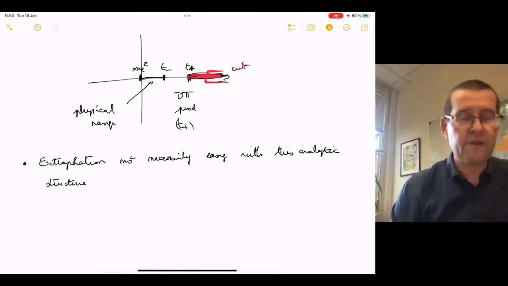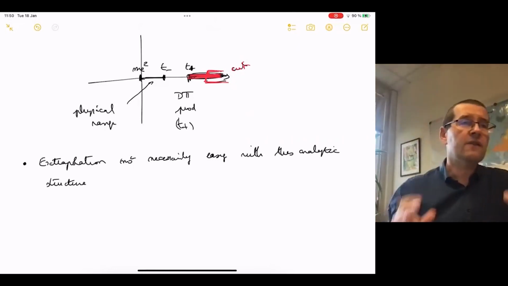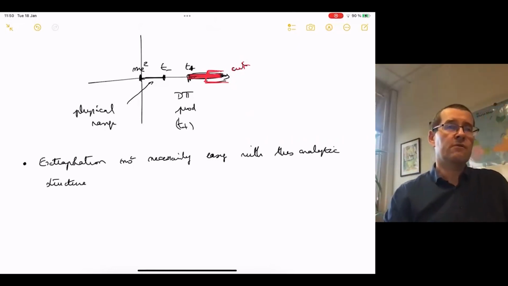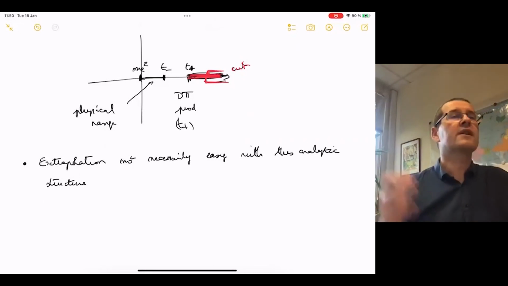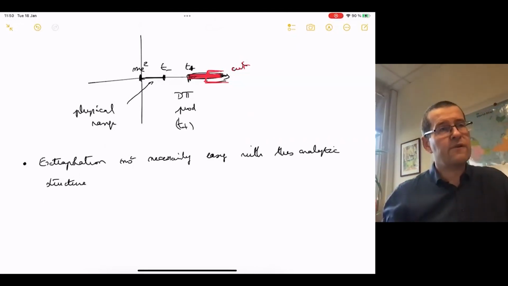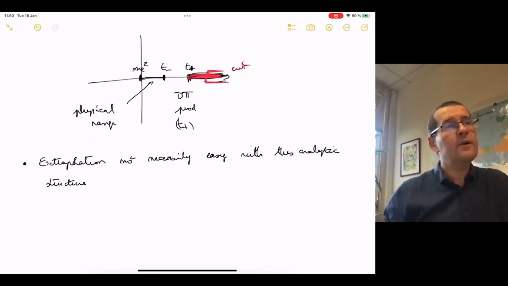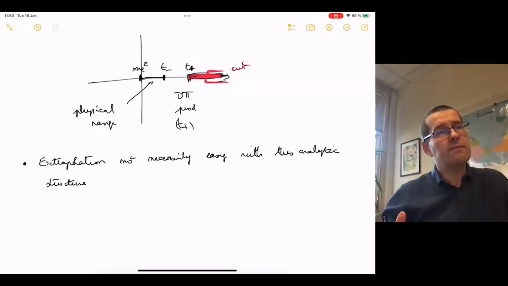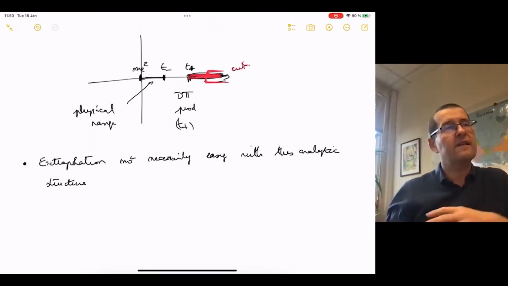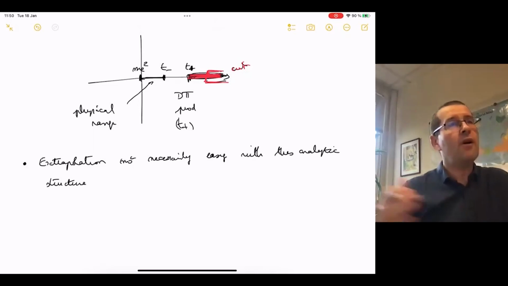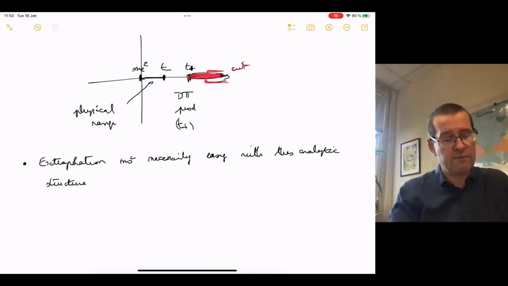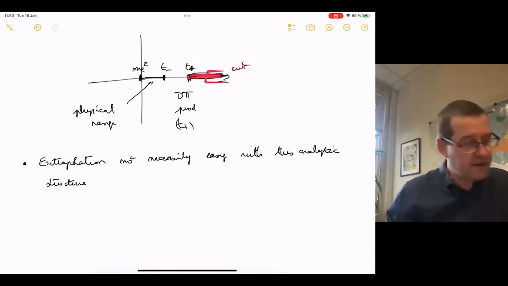For instance, imagine that you have some information in the physical range, and then you want to extend that. You know that the radius of convergence of the series you're using for your extrapolation will be limited because you've got the cut at t plus you're going to hit. So you cannot imagine, for instance, extending this representation above the cut, even though you know that actually the structure is very simple. You've got the cut, but above and below, this is analytic.